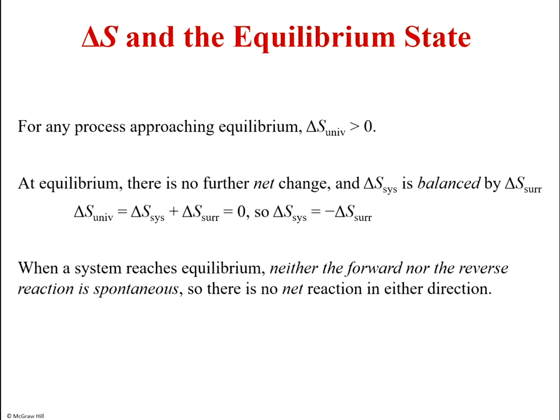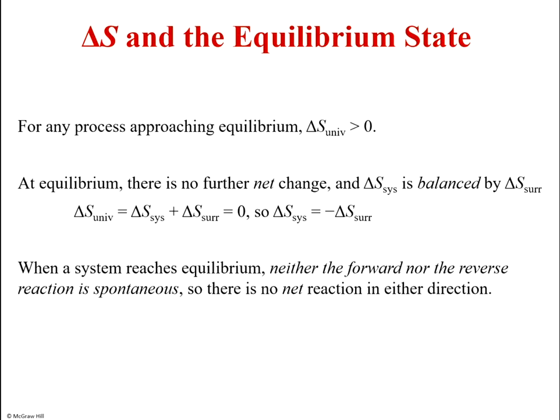For any process that's approaching equilibrium, that is, it's away from equilibrium and moving towards it, delta S for the universe has to be greater than 0. That is what a spontaneous process is: something that is away from equilibrium and is moving towards it. And so our delta S has to be positive. At equilibrium, then, there is no further net change.